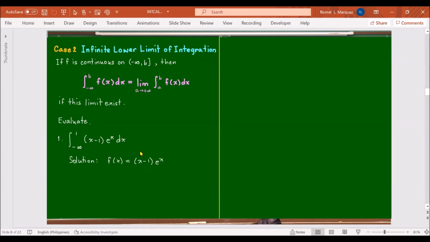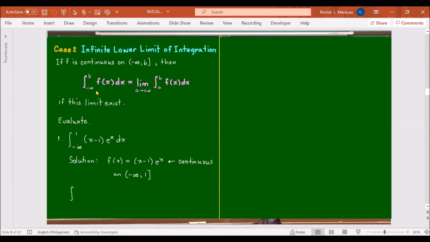Since the involved functions here, algebraic, which is a polynomial, and exponential, are continuous everywhere, it is continuous on the interval negative infinity to 1. So we can now proceed.